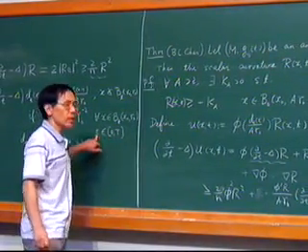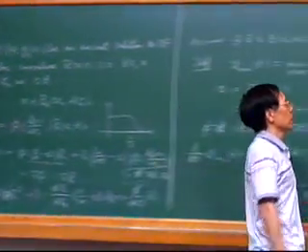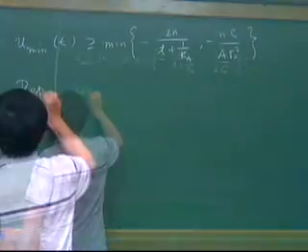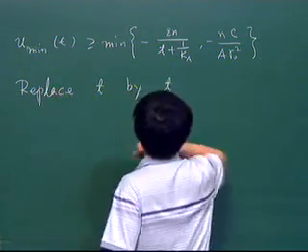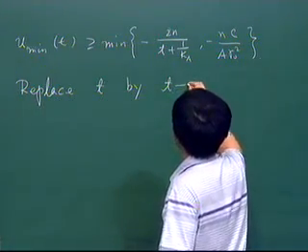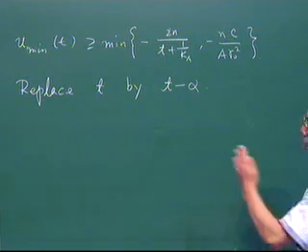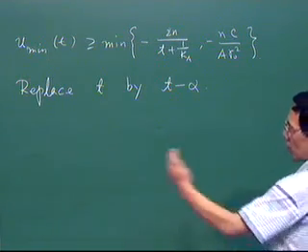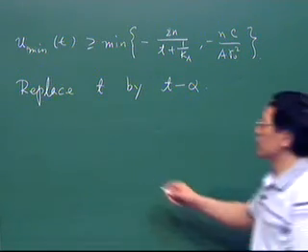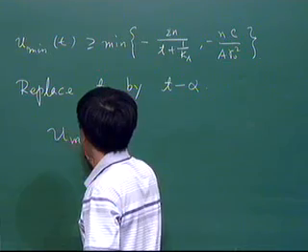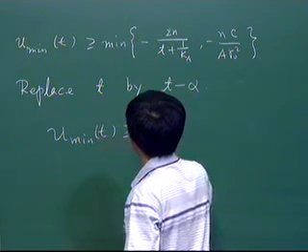So you can replace t by t minus alpha, because the solution exists from minus infinity to a fixed point. So you have u bigger than minimum.